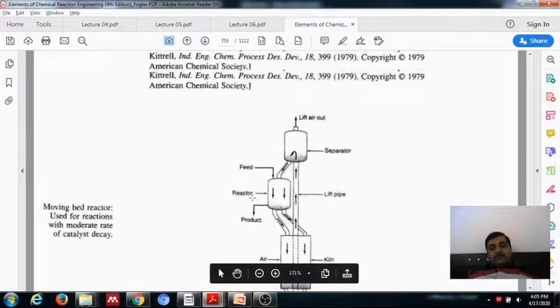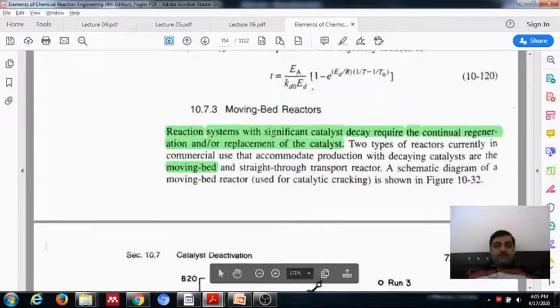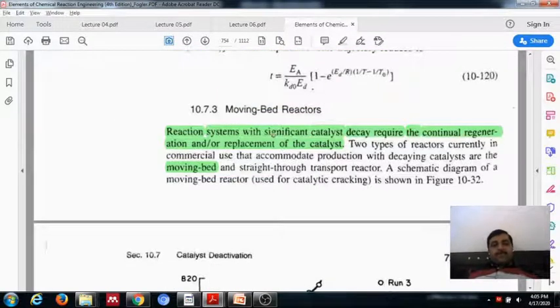Let us have a brief look. A reaction system with a significant catalyst decay rate requires a very quick regeneration and replacement of the catalyst, and that is where the moving bed reactor will help. The catalyst which is deactivated will move to the regenerator, get cleaned up and go back to the reactor again.